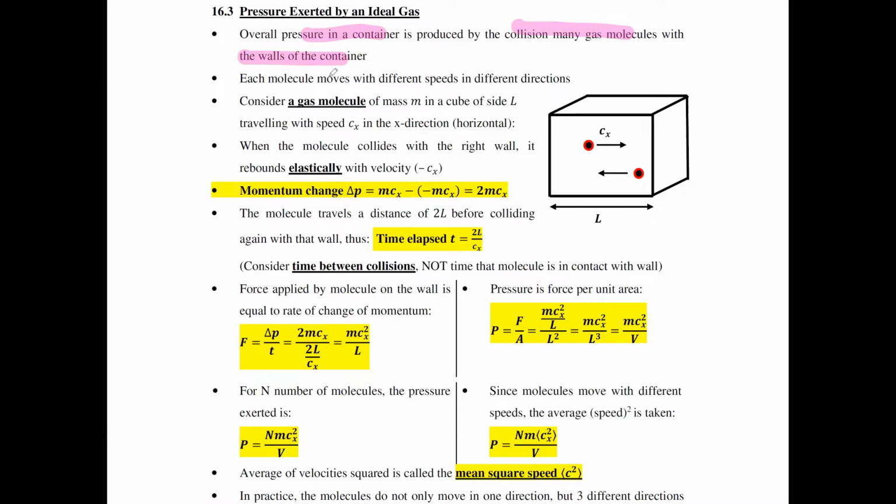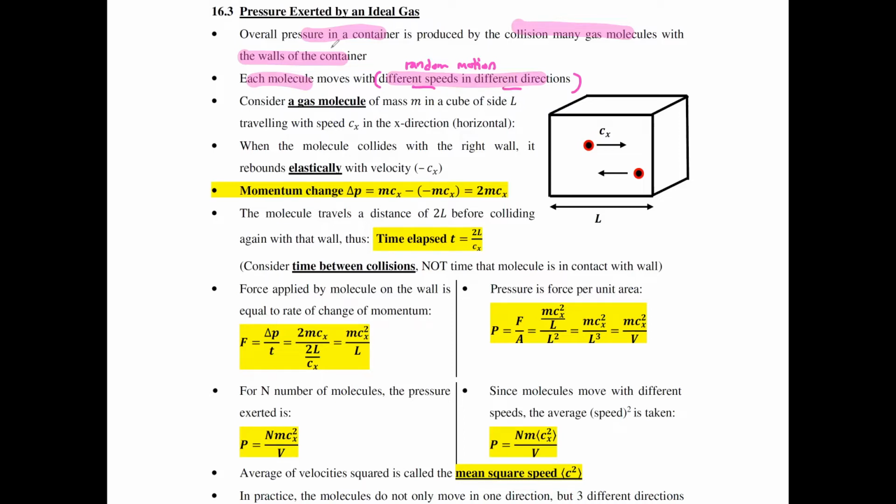Each of these molecules move with different speeds in different directions. This implies that they are in random motion. Remember, just now one of the assumptions of the kinetic theory of ideal gases is that the molecules always move in random motion. So that would mean they would have different speeds in different directions.